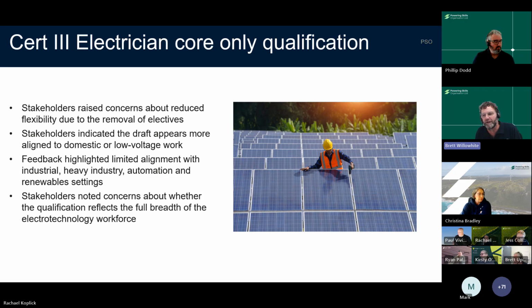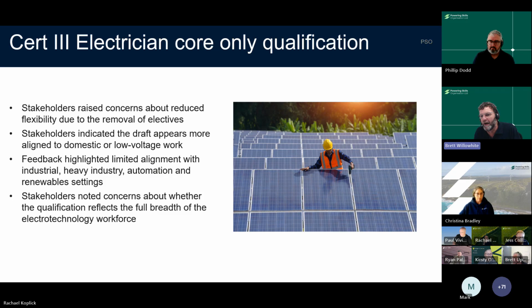So the flexibility that we actually get from removing the time taken for the electives allows for embedding more content into the core units of competency, and also to meet emerging skills, where there may be additions to core units around emerging technology. So that's our reasoning behind why we're looking at that core only draft.